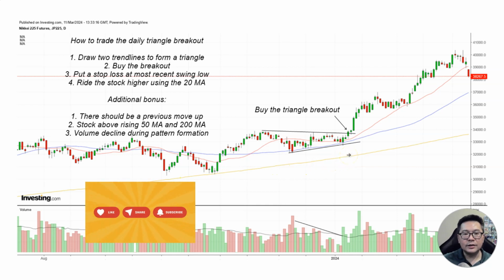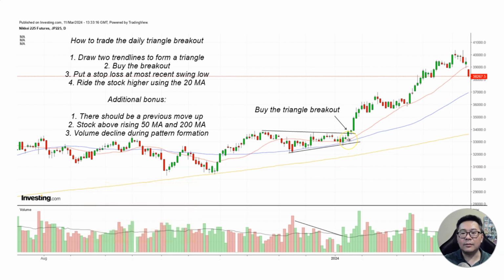Now the key thing is to find the rising 50 MA and 200 MA, because when the 50 MA is rising, it tells us that mid-term the stock is bullish, and a rising 200 MA tells us that the stock is bullish in the long term. So you want things to be bullish in the mid-term and in the long term.